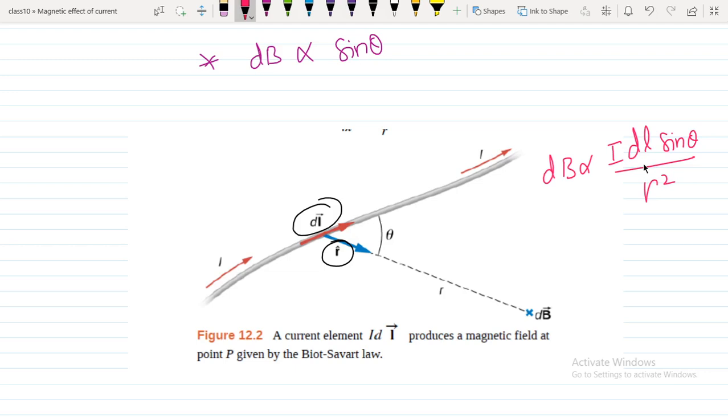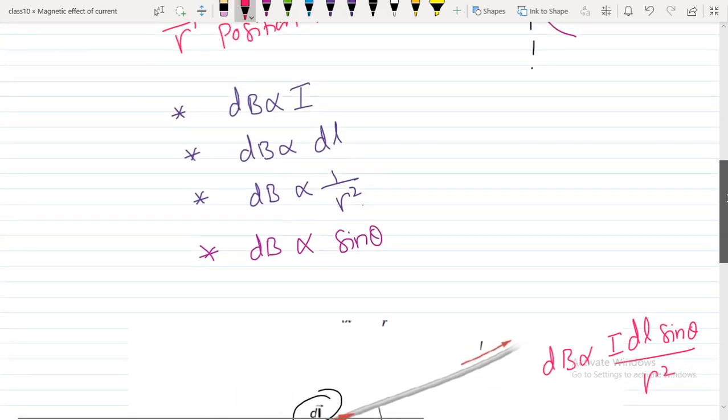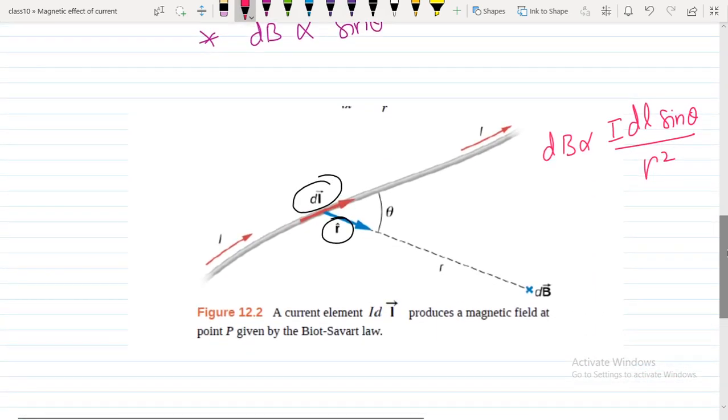This is the magnitude of the magnetic field at a particular point. So dB is directly proportional to I dl sine theta upon r square.